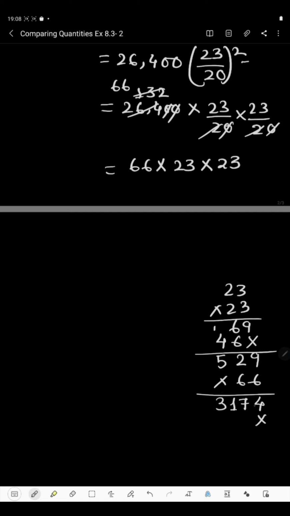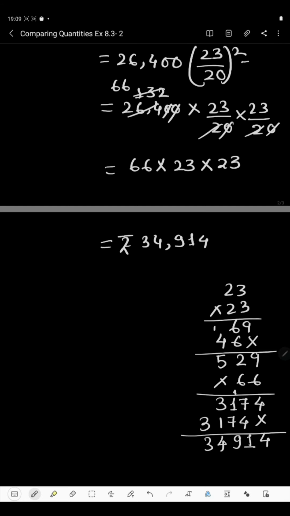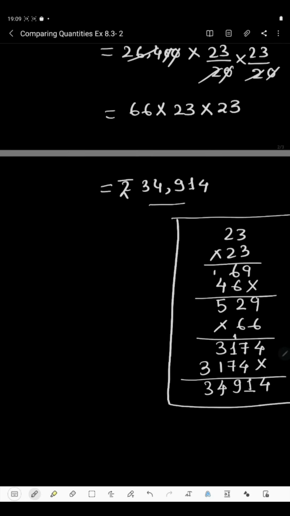Now 6 9s are 54 again, 4, 5 carry, 6 2s are 12, 12 plus 5 is 17, 1 carry, 5 6s are 30, 30 plus 1 is 31. So 4, 7 plus 1, 7 plus 4 is 11. Okay, 1 carry, 1 plus 1 is 2, 2 plus 7 is 9, 3 plus 1 is 4, and 3. So the amount will be 34,914. Okay. So this is the amount which she has to pay after 2 years.